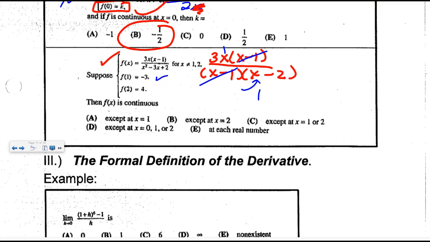At 2, there's an asymptote, so it doesn't matter that f of 2 is equal to 4. It just means that if there was some function at 2 and we have this asymptote here, it's sitting there with a dot right there, but the function isn't going through there. So let's talk about where we have continuity. There's continuity at 1, correct?